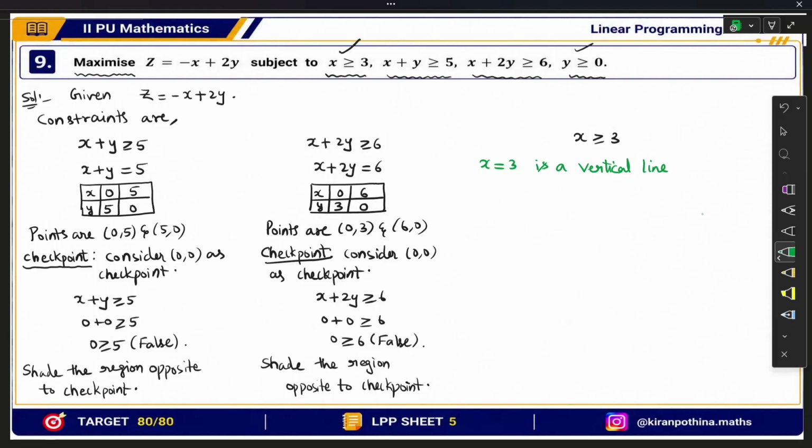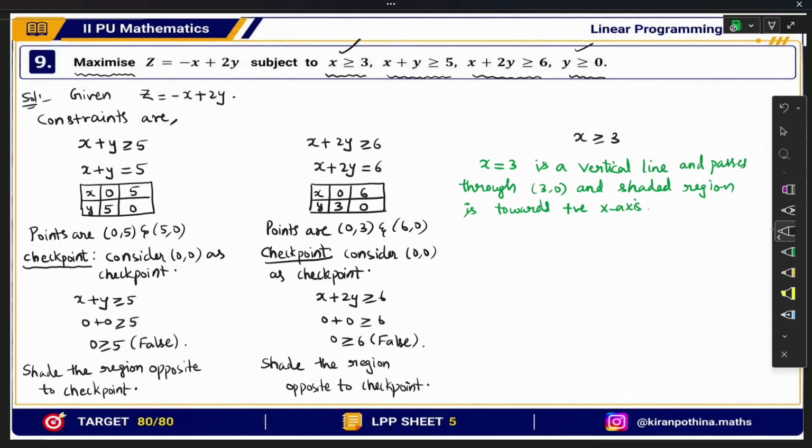But here x equal to 3 is a vertical line and passes through 3 comma 0, and the shaded region is towards the positive x-axis, because for x greater than 3 the values, after 3, 4, 5, 6 and so on, lie towards the positive x-axis only. So you have to write sentences like this for x greater than or equal to 3.